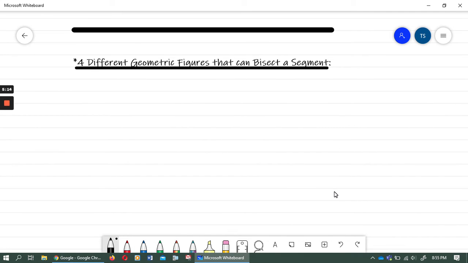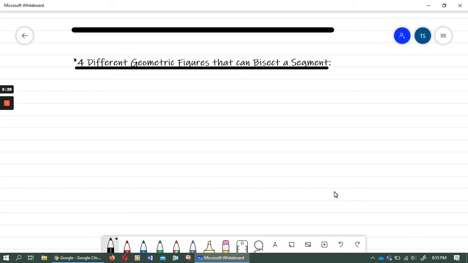Those 4 different geometric figures that can bisect a segment are, first, a line. A line can bisect a segment. Also, a ray. For those who don't know what a ray is, I will explain exactly what that is in just a second.